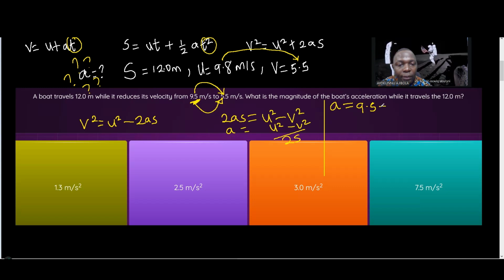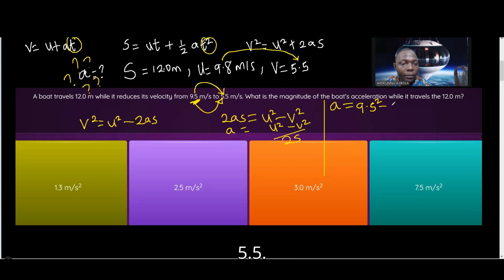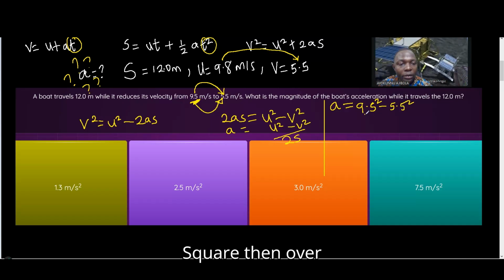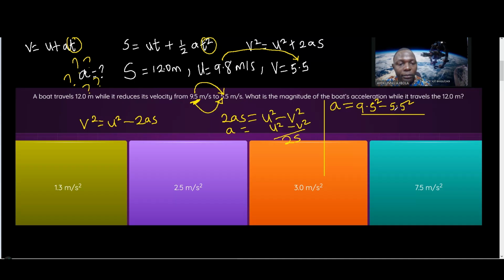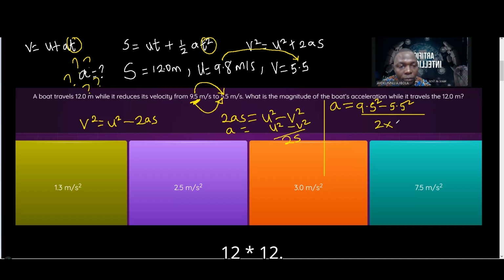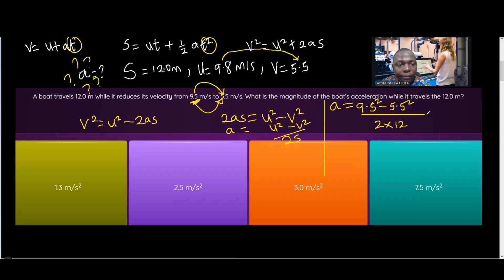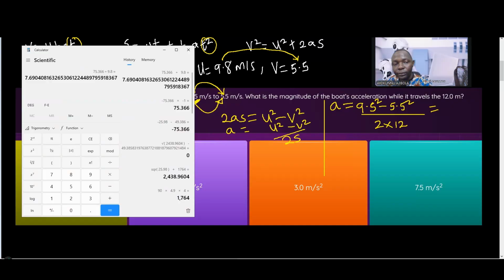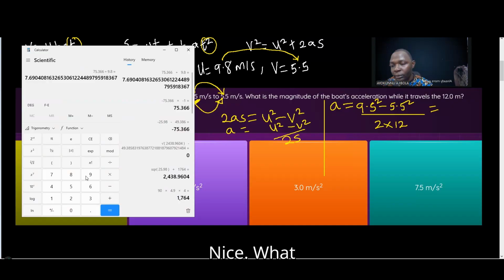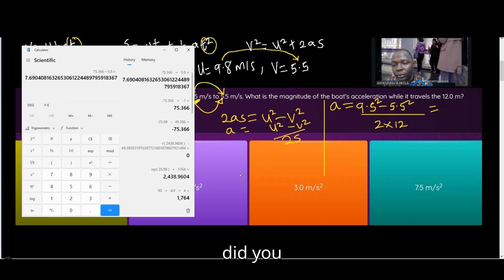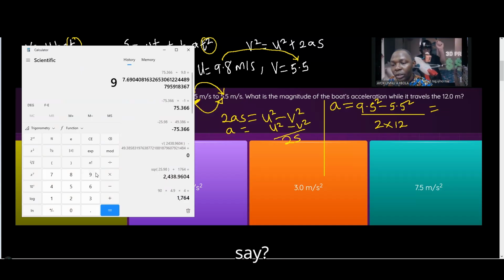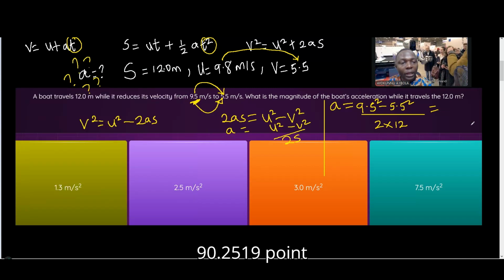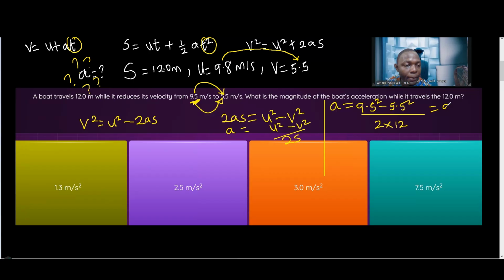What is V? V is 5.5 squared. Then over what? S is 12. 2 times 12. So what is 9.5 squared? That is 90.25.